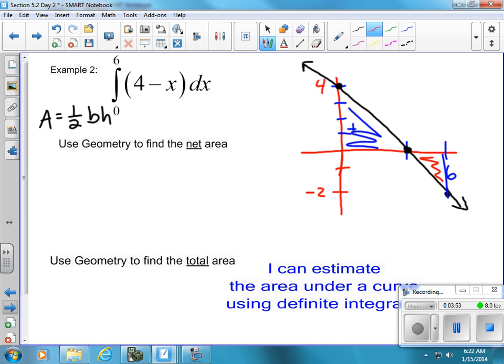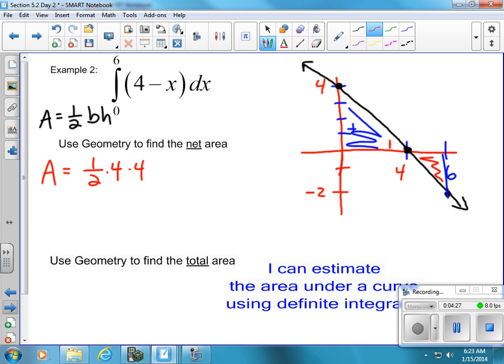All right, the first triangle, let's call it triangle 1, is 1/2. The base is 4 minus 0. Where does that cross the x-axis? At 4, is that true? Okay, so it crosses the x-axis at 4 as well. So the base is 4, and the height is 4.